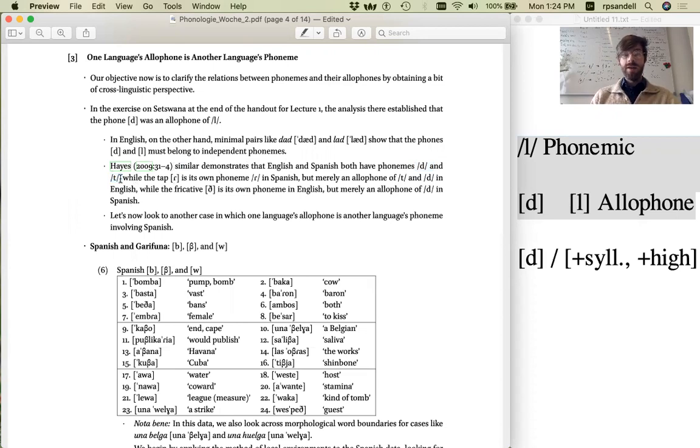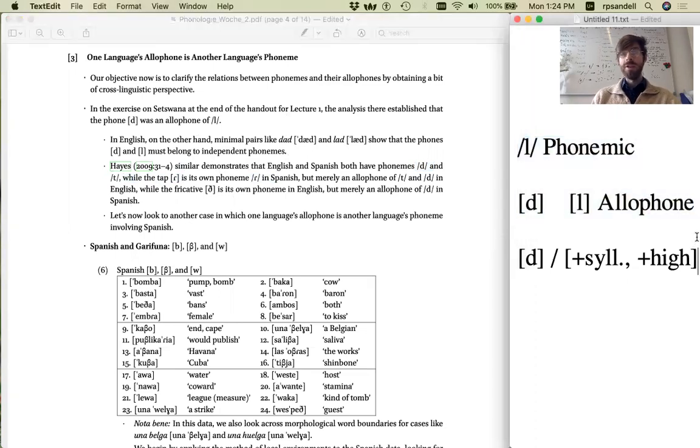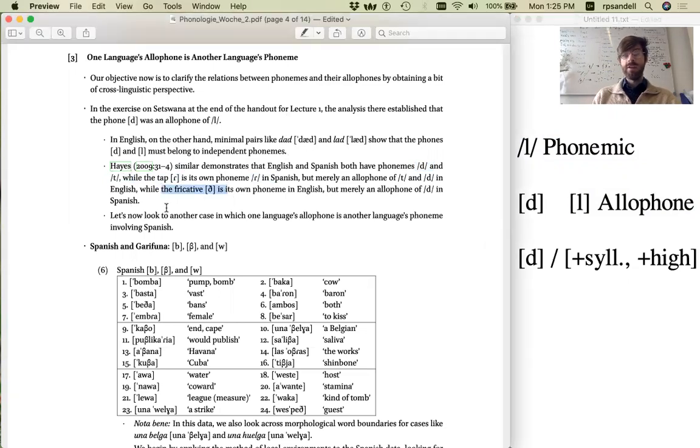While in English, there is an alveolar tap, ra, which is simply an allophone of those two phonemes, this makes its own phoneme, ra, in Spanish. So English and Spanish here both have similar, if not identical, phones, but the distribution of the allophones is different. And the same applies to the voiced interdental fricative, which constitutes its own phoneme in English, but is merely an allophone of da in Spanish.